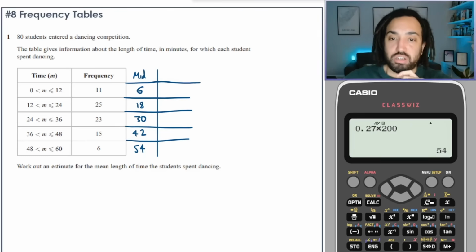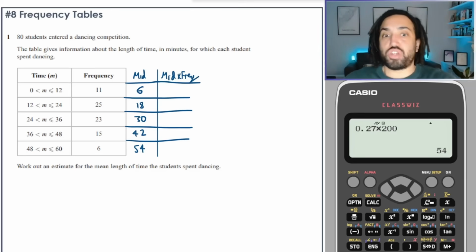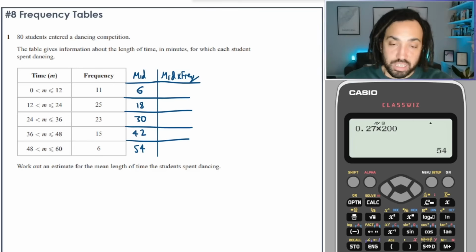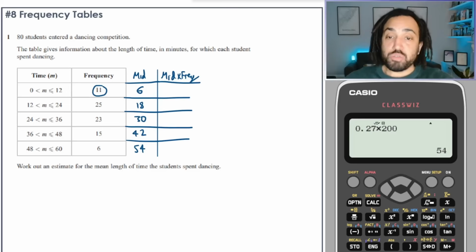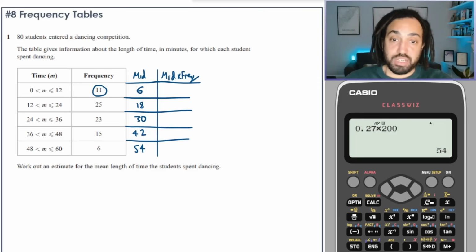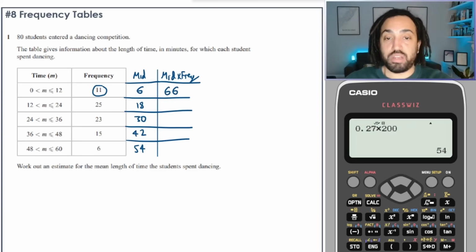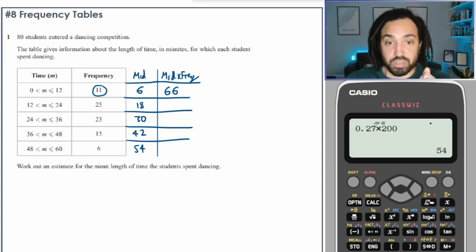And then this column is going to be called the midpoint times by the frequency. So this is going to give us an estimate for the total amount of time that all, in this case, these 11 people spent dancing. Well, we assume they spent 6 minutes each. So we do 11 times 6, and that gives us 66 for the total time those people spent dancing.